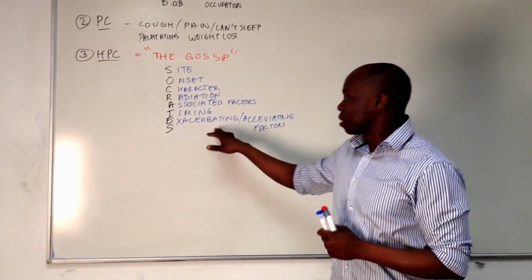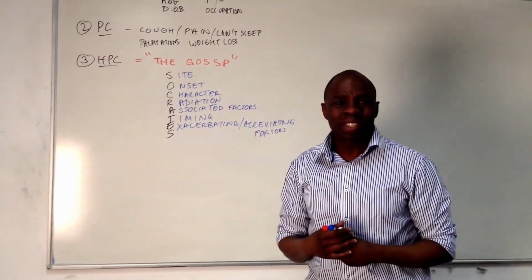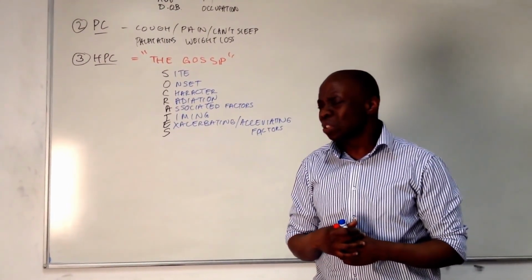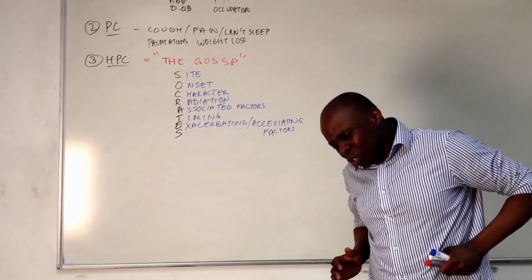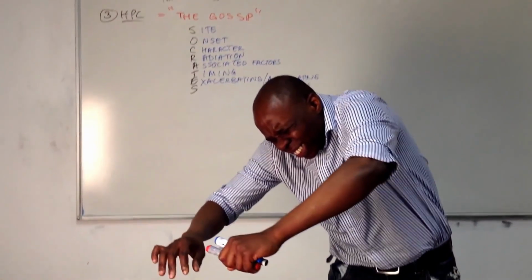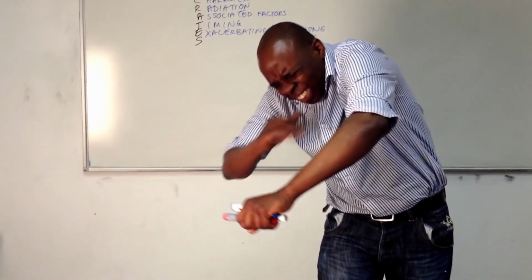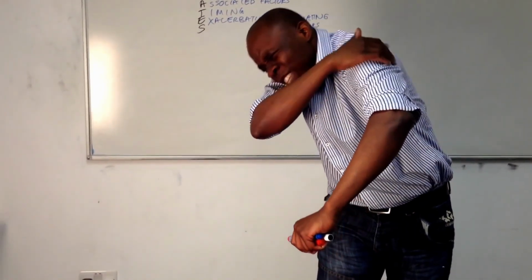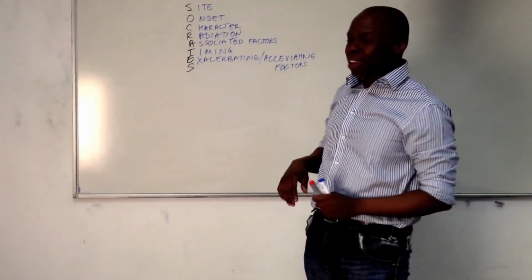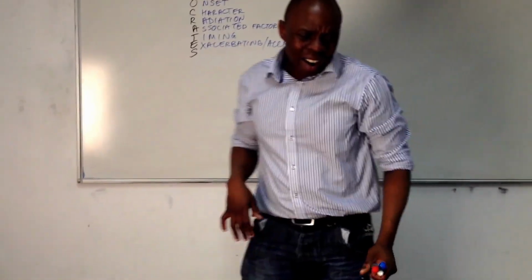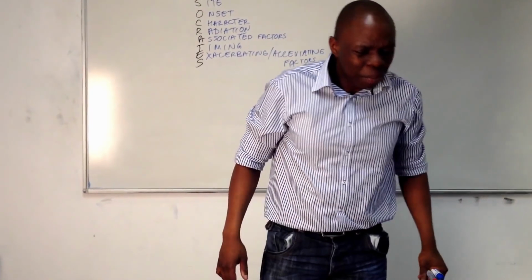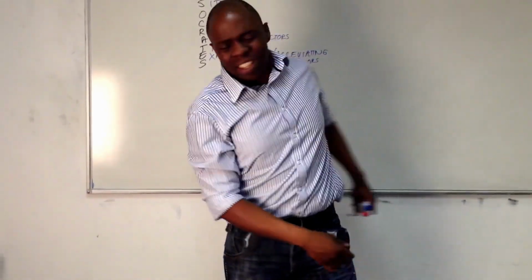So this is exacerbating. What makes it worse? What makes the pain worse? Oh yes, doctor, absolutely. Every time I go to just do that, I just feel it coming right around here. Agony, absolute agony.